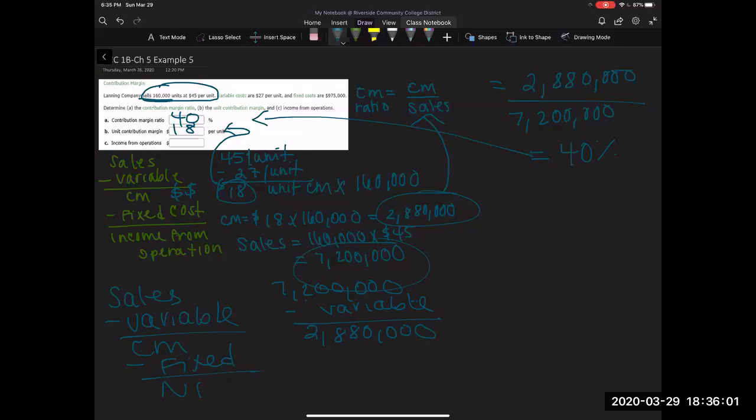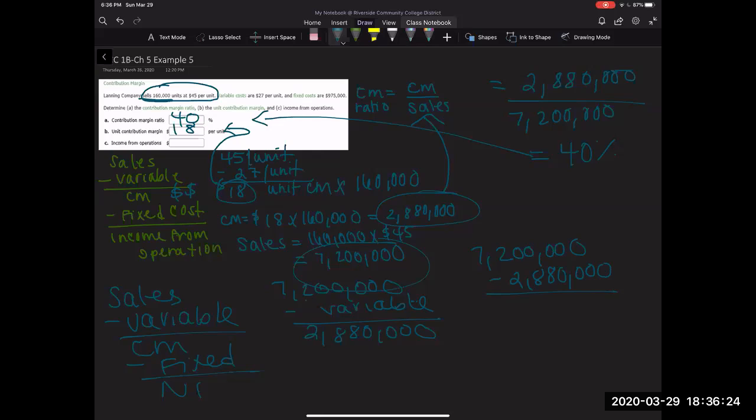So just pause for a second. If you did want to figure out what our variable cost would be, the way we would do that is 7,200,000 less $2.88 million. That's how we would figure out what our variable cost is.